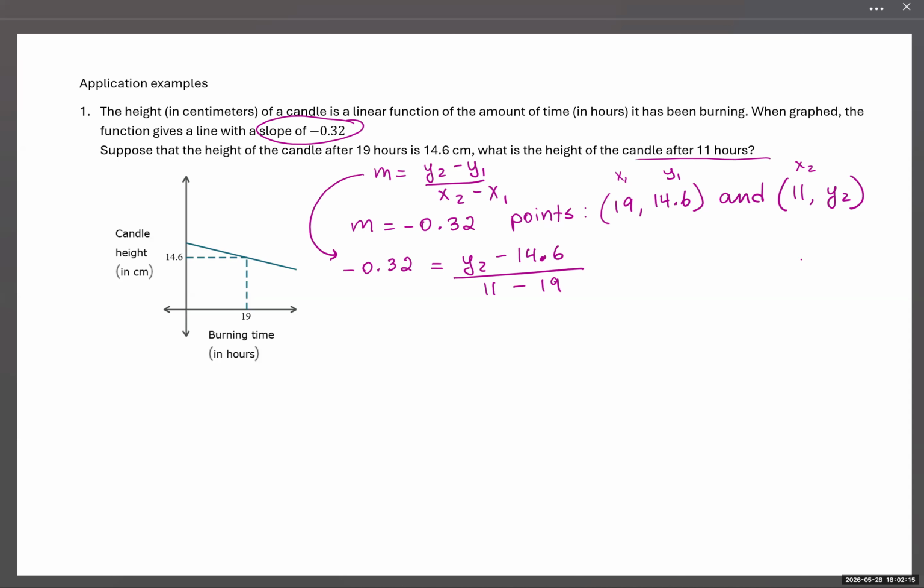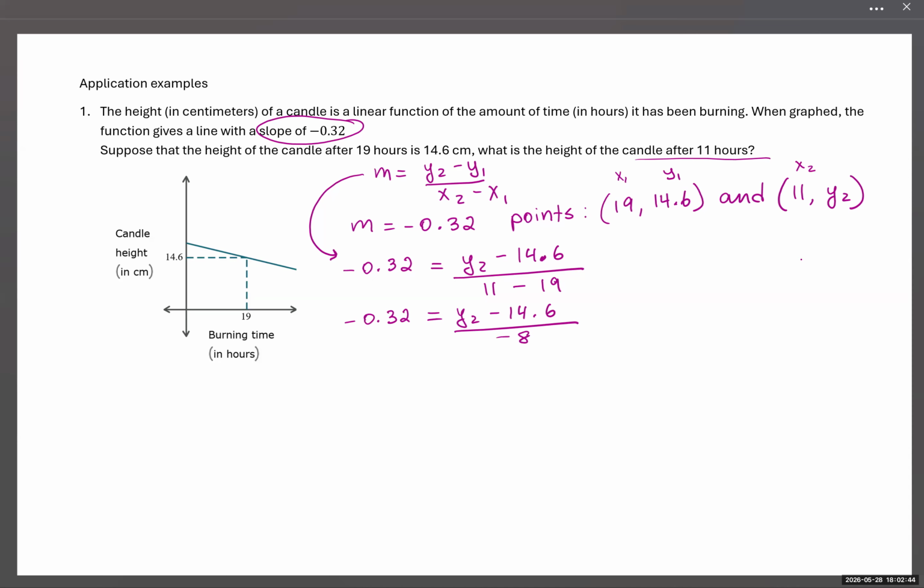Now, on the left-hand side, I'm just going to rewrite negative 0.32. We cannot do much with the numerator because we have an unknown in it, so we'll just rewrite the numerator. In the denominator, 11 minus 19 is negative 8. Now, from this point, you don't want the denominator to be just a number. You don't want it to be in the denominator, so you have to clear the denominator.